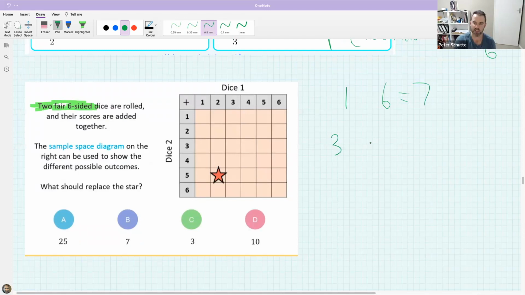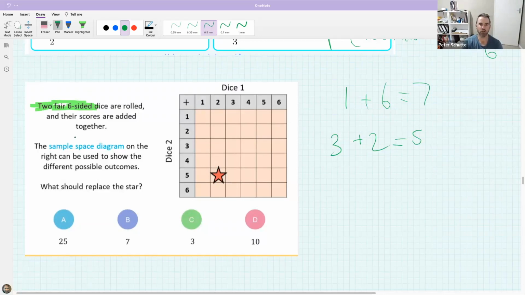If I threw a 3 and a 2, then if you add them together, you get 5. Now, what I've got here is what's called a sample space diagram. It's trying to get you to visualize all the possible combinations that you could get for the sum of 2 dice. And it also looks a bit like a table.